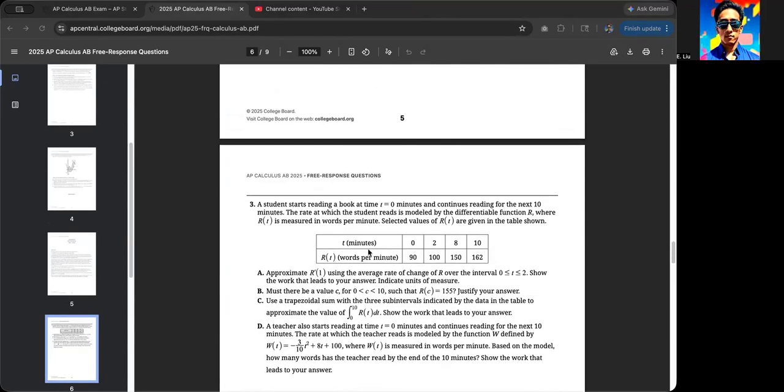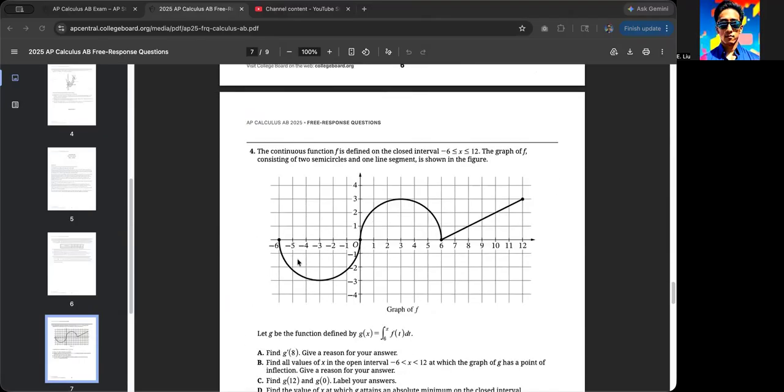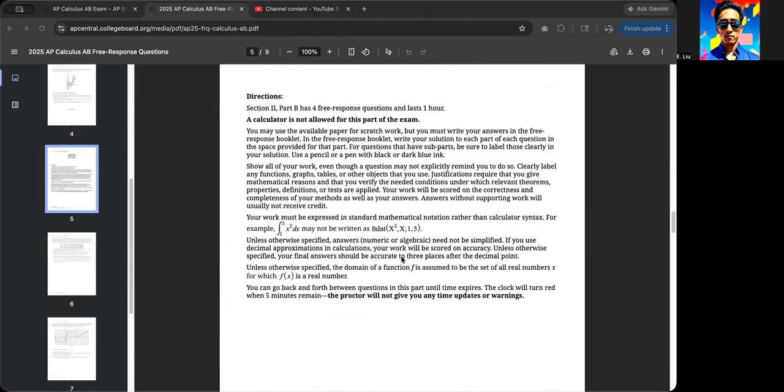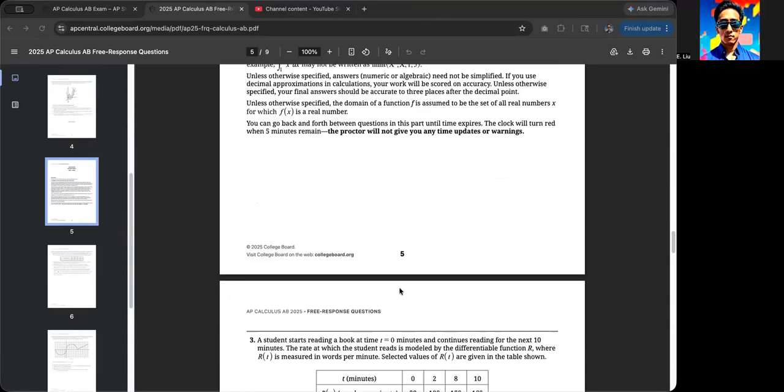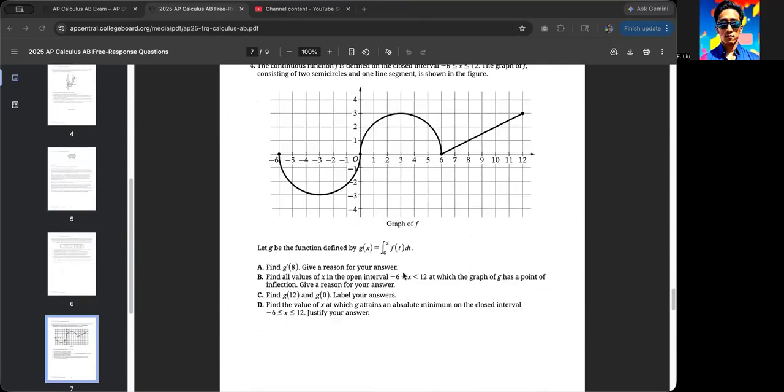You can also expect to see these types of graphs a lot of the time. You usually have an area under the curve type of graph, and then you also have one where you're going to have to explain derivatives alongside these as well.